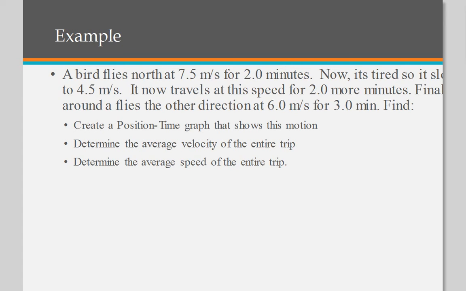Okay, a little birdie flies north. Now when you read this, it goes north at a certain speed for a certain amount of time. So this is a V and this is a T. What could you get out of that?